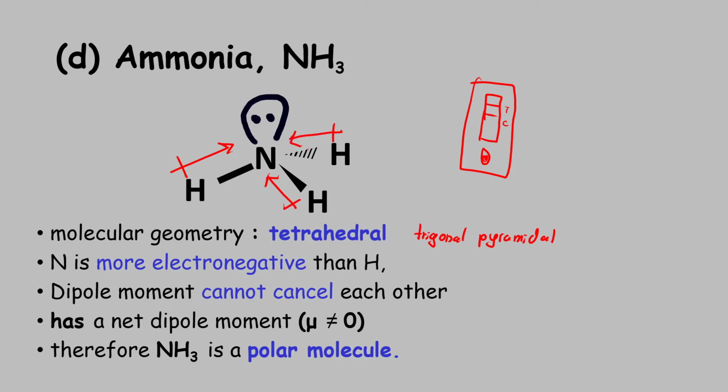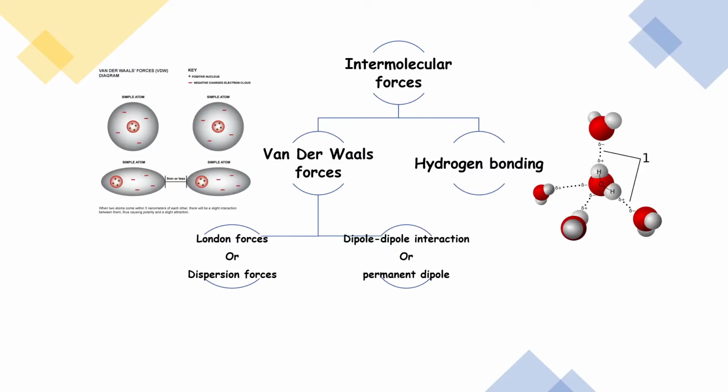So it is having a net dipole moment. So it is a polar molecule. Okay, untuk net dipole moment, usually kita represent mu sebagai not zero. Sebab we don't really need to know the exact number of mu. As long as dia bukan kosong, dia ada net dipole moment. Kosong je, dia ada zero dipole moment, which is non-polar.